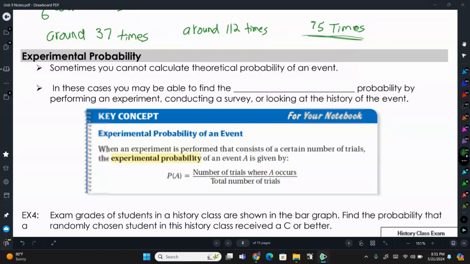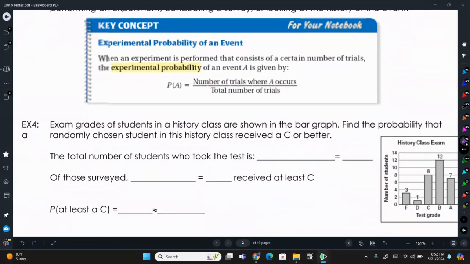If you flip a coin 4 times, it isn't likely that you're going to have 2 heads and 2 tails. But if you flip it 1,000 times, then you'll get closer to that 50% heads, 50% tails. The more trials you have, the closer it gets to that theoretical probability. So then we can calculate the experimental probability by performing that experiment and looking at the event.